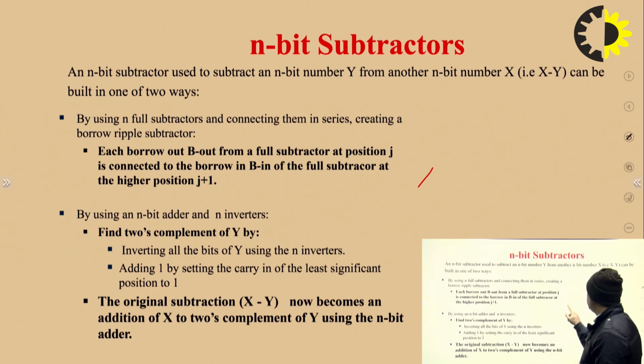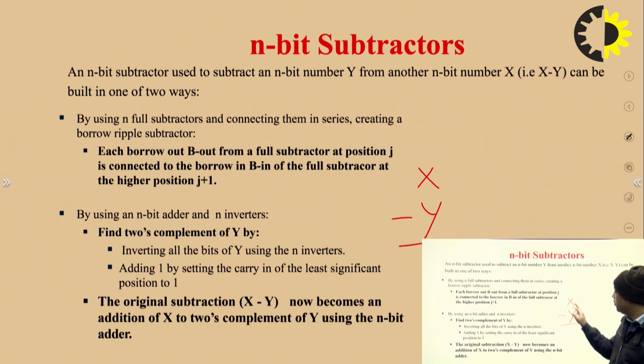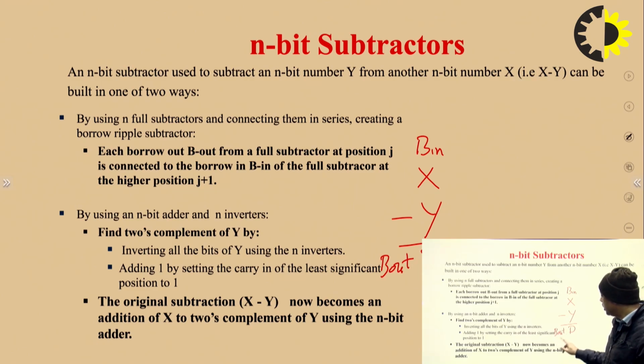If we have the X input and the Y input, and we have to subtract Y from X, maybe X is smaller than Y, so we need a borrow in also. So the total subtraction is the combination of borrow in, then X, then Y, and it produces the difference and borrow out terms. So this is for a single bit.